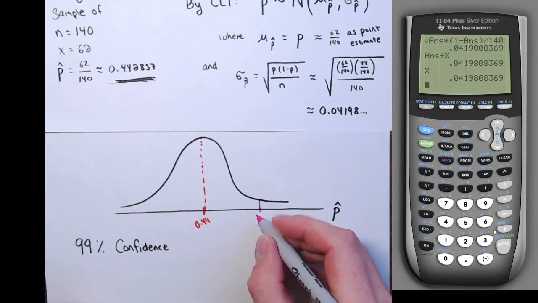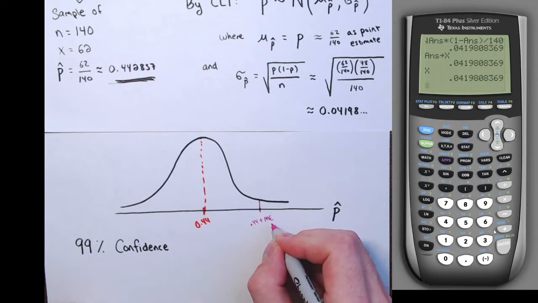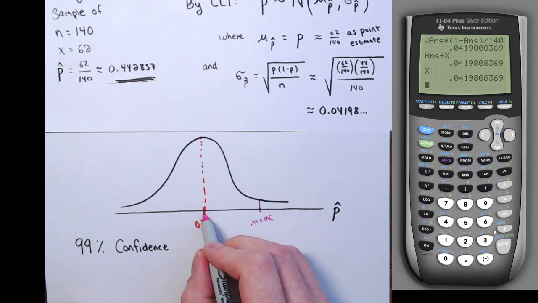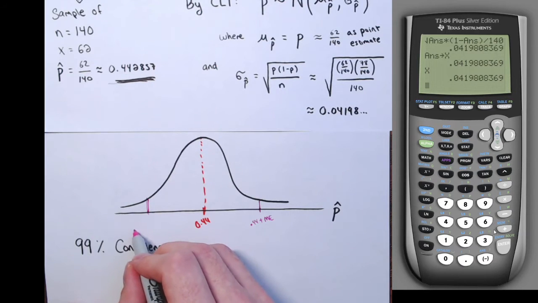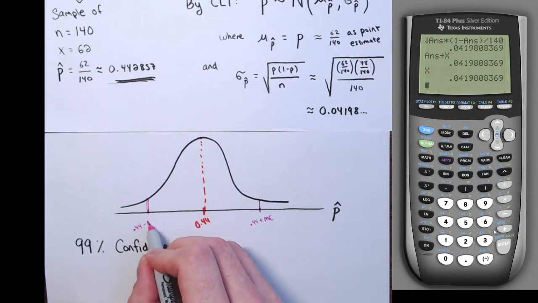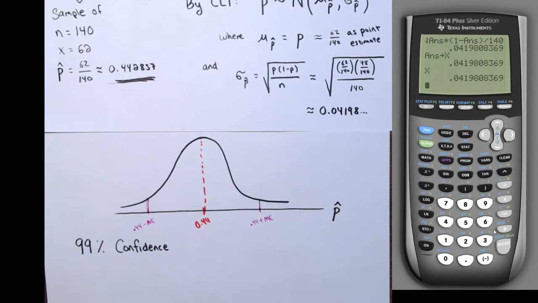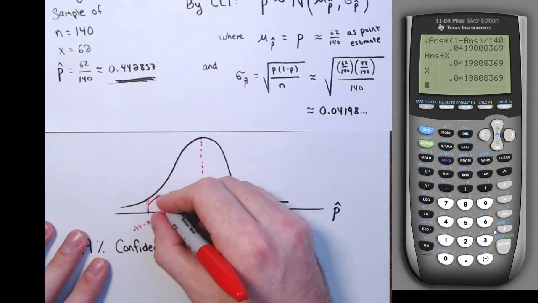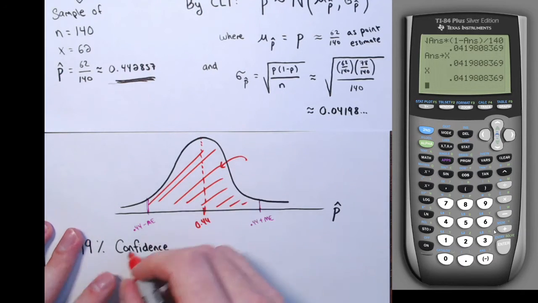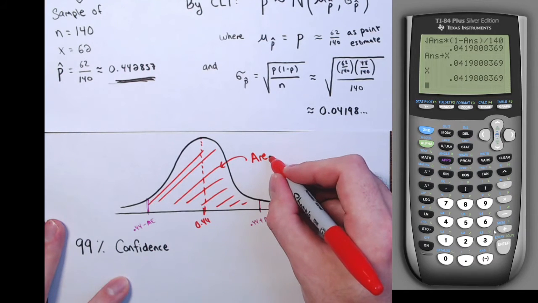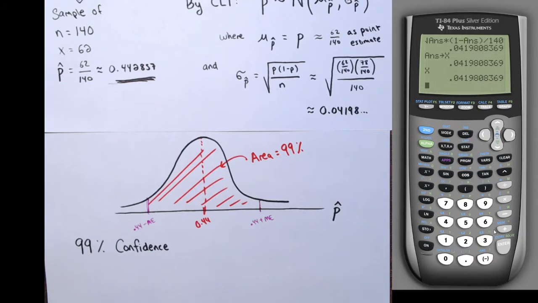So over here is 0.44 plus ME, margin of error. And then also subtract that same margin of error. So this value on the number line is 0.44 minus the margin of error. I'm trying to find what these values are so that the area underneath the curve between them is my confidence level. I have 99% of the area there.